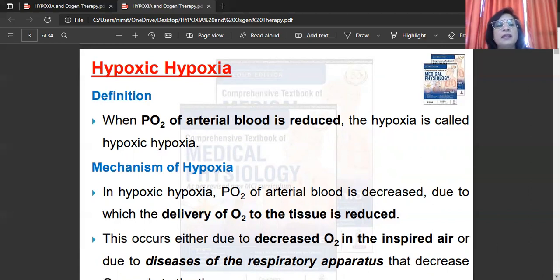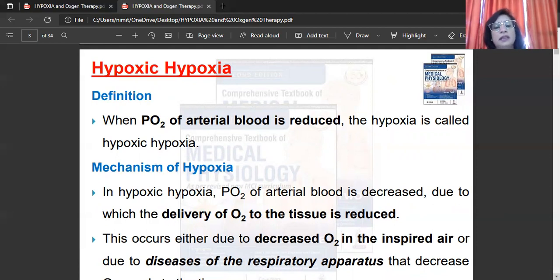In hypoxic hypoxia, PO2 of the arterial blood is decreased, hence the tissue will not get the oxygen or will get reduced oxygen. This will lead to hypoxic hypoxia.